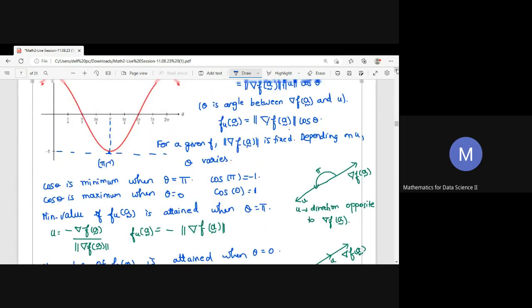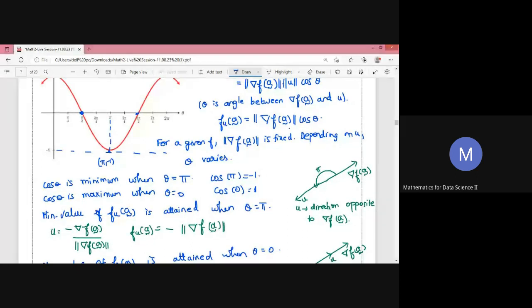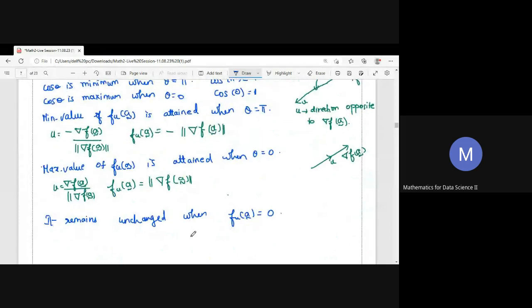Here also it is happening. At this point and at this point, cos theta is becoming 0. So here theta is pi by 2.